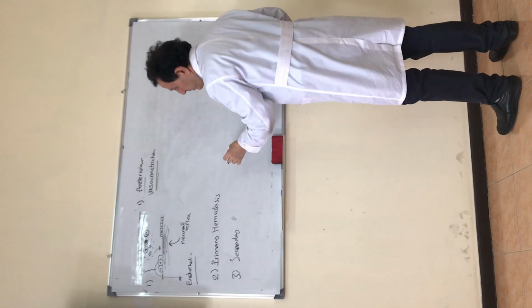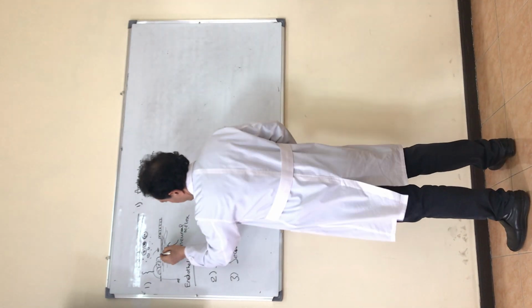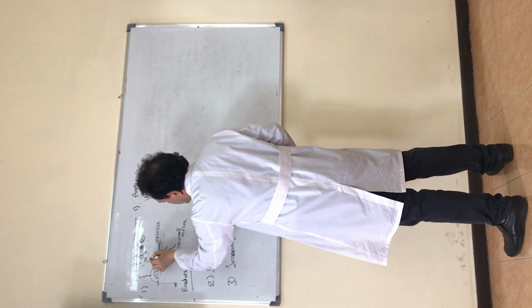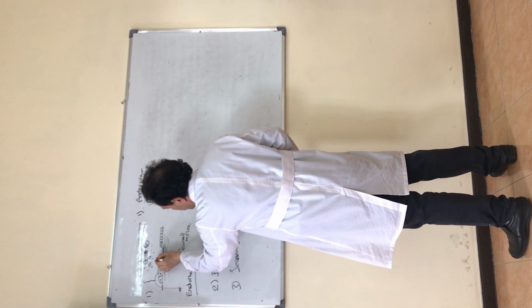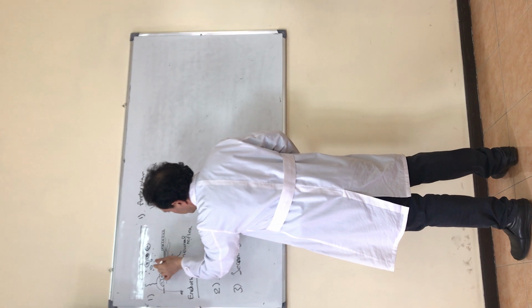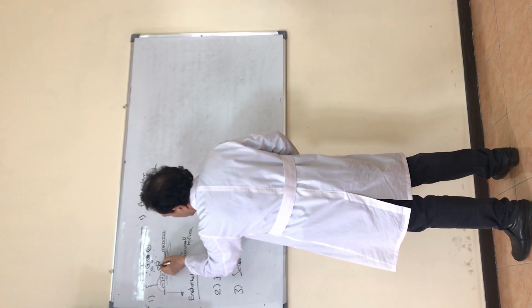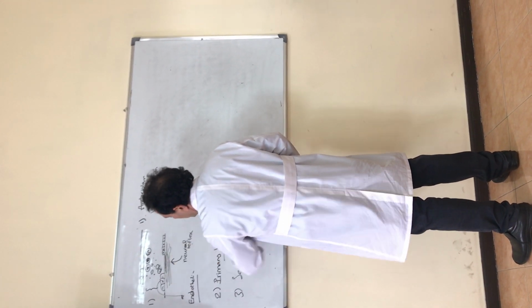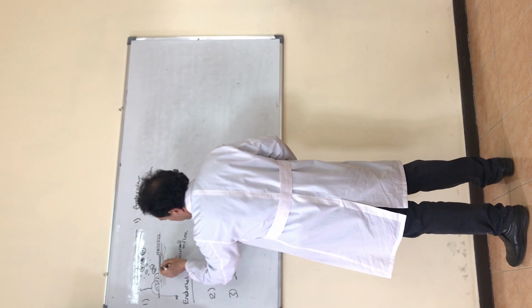What is primary hemostasis? It means that after this vasoconstriction, these platelets, imagine these are platelets, first they are round. They come close to this collagen. They should bind this collagen.